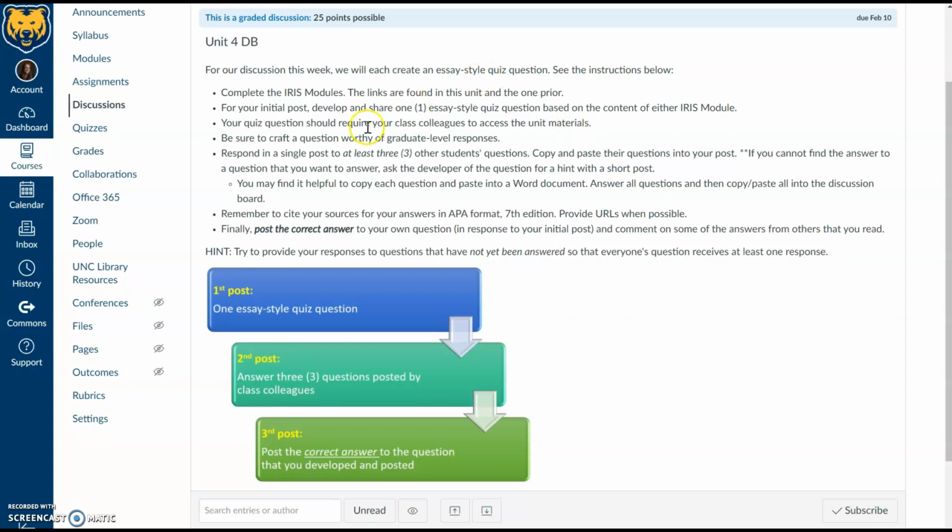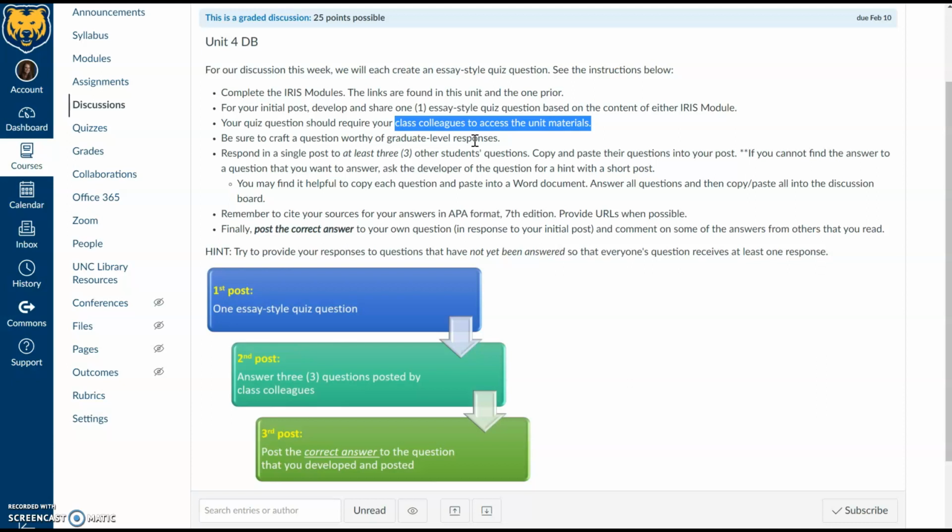So you will develop that question. It should require your colleagues to access class materials, obviously, and to support their statements with evidence. You do want it to be a graduate level question, so really put some thought into it. Make sure you've got that depth of analysis, and then you're going to be responding in a single post. So this is your first reply post to at least 3 other people's questions.